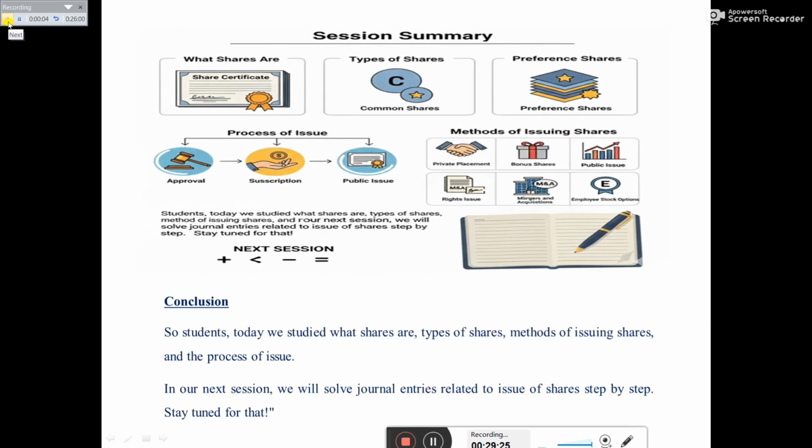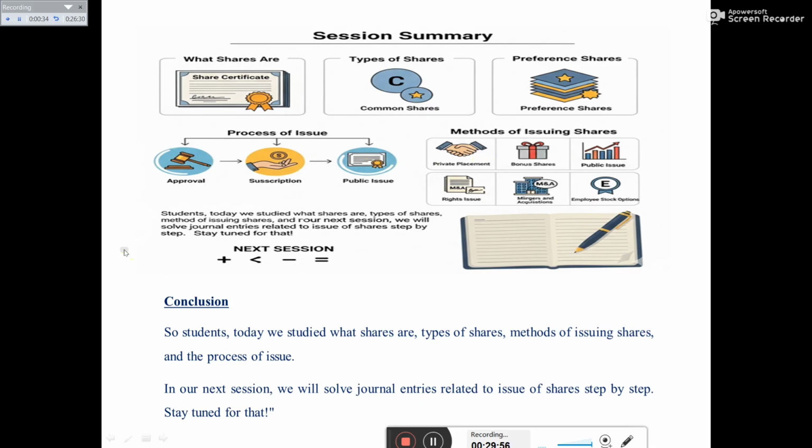Okay. So to conclude today, friends and students, we studied the overview of the concepts: shares, what is a share, what are the types of shares, equity and preference, process of issue of shares, methods of issuing of shares.